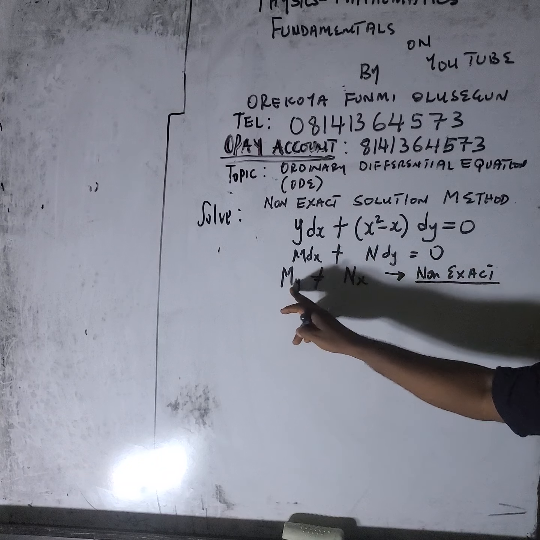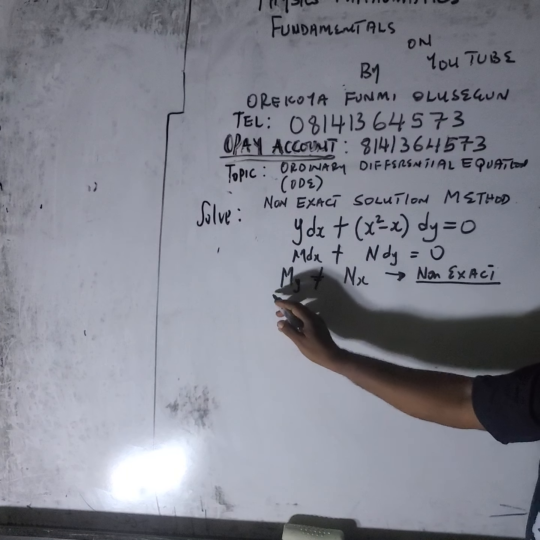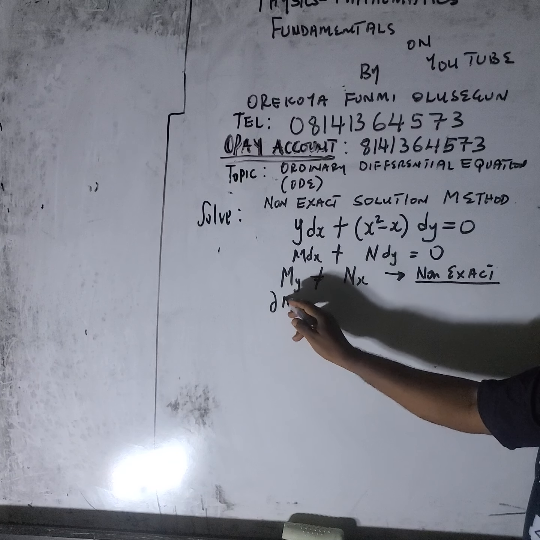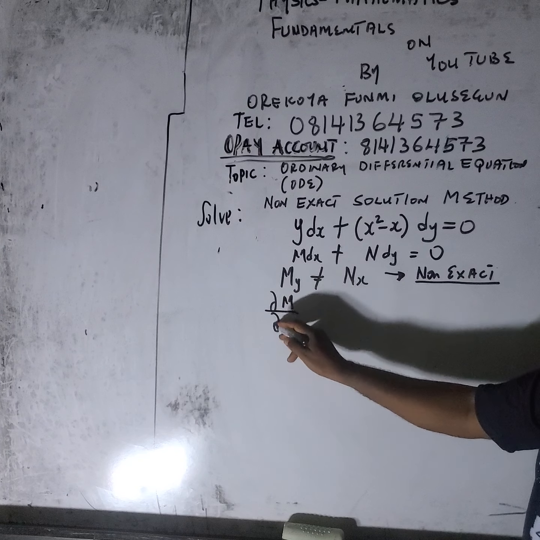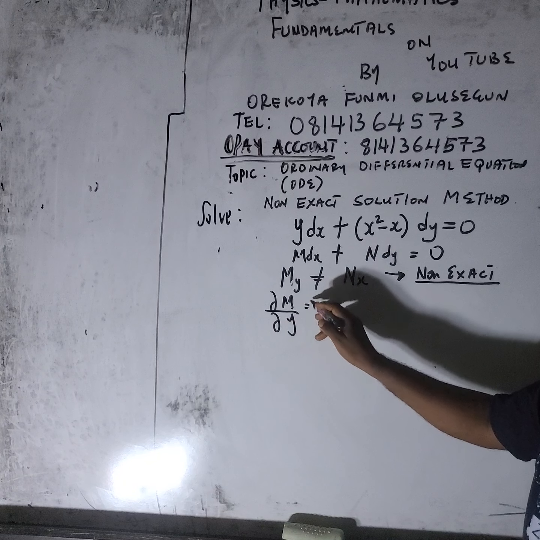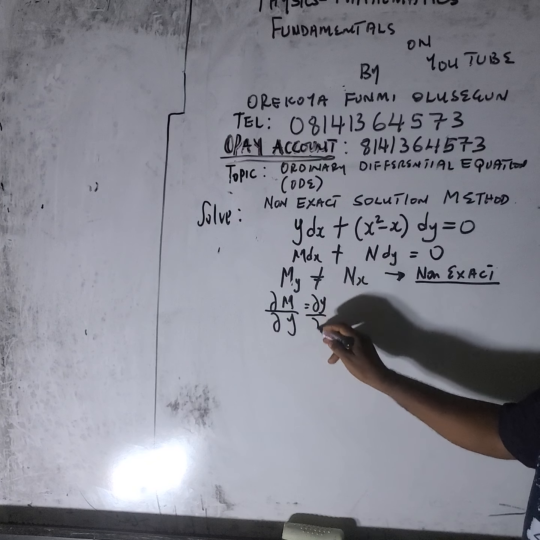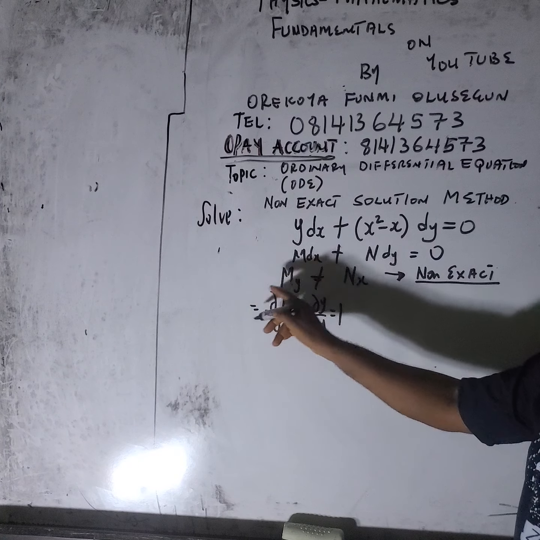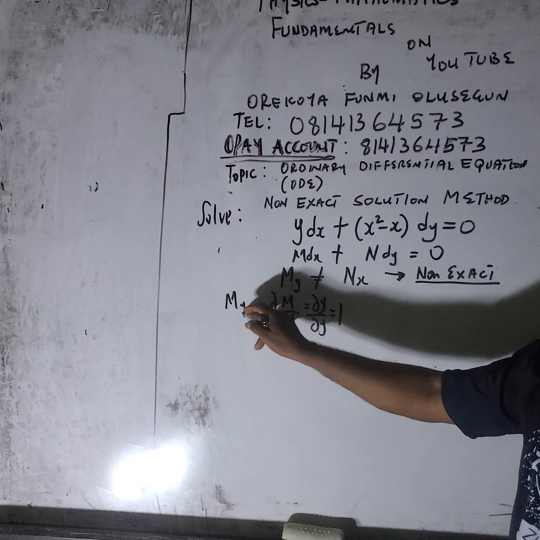Now, the partial derivative of this function M with respect to y, and that particular function M is y, which is delta y over delta y, which is equal to 1. That is for this partial derivative with respect to y.